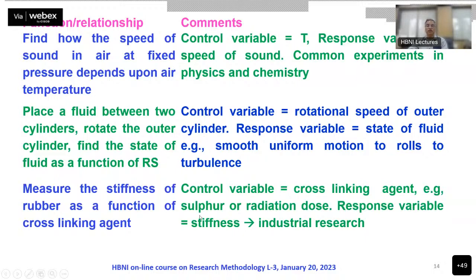It could be sulfur content or radiation dose. And the response variable is the stiffness. So it is like an industrial research. In the industry, people do this kind of research to optimize the dose or the quantity of sulfur to obtain rubber of a particular stiffness.